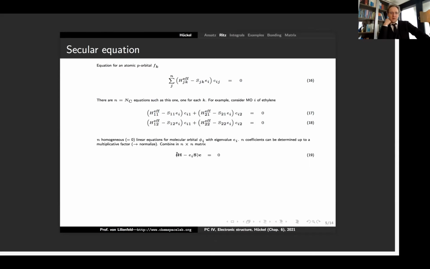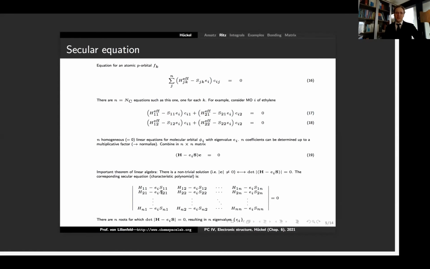And then maybe the most important equation is really here in equation 19, where you see the matrix of the Hamiltonian elements and the overlap elements, right? And these two matrices within Hückel theory, the elements in these matrices are being approximated as constants, or being 0, or being so small that they can be truncated, right? So that's what Hückel theory embodies.